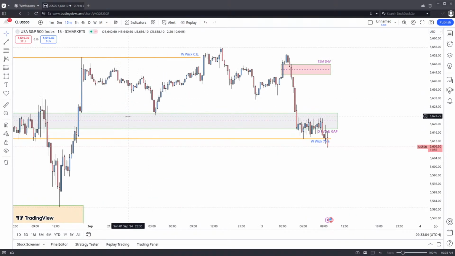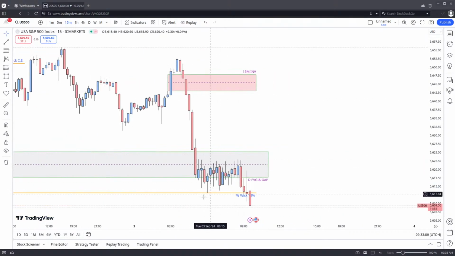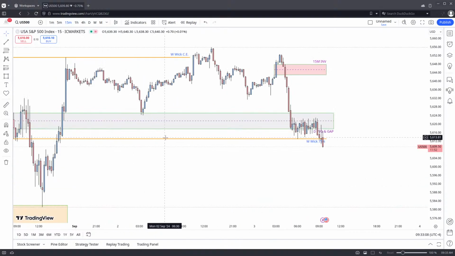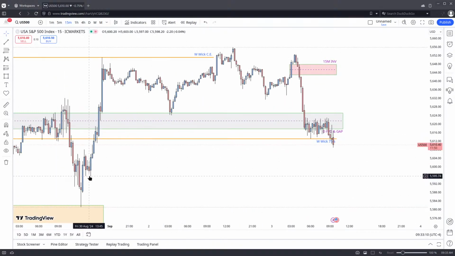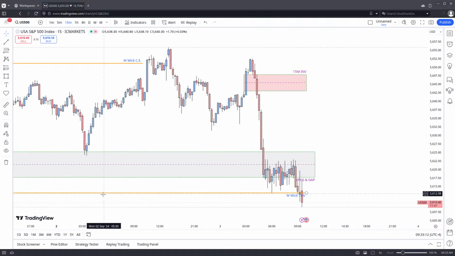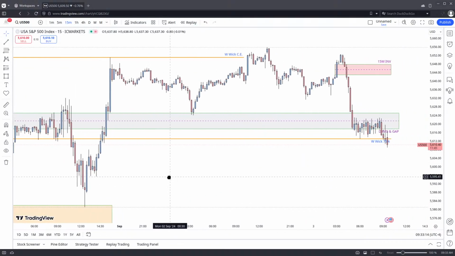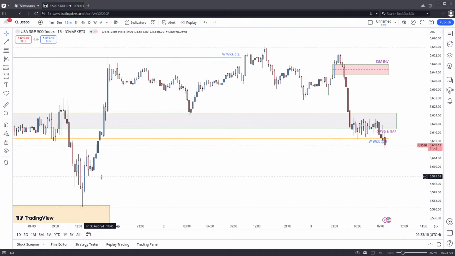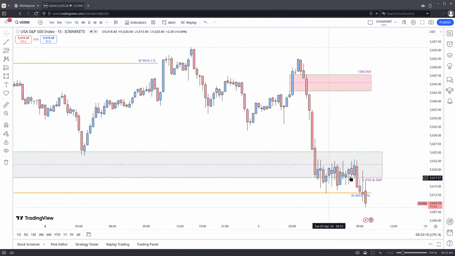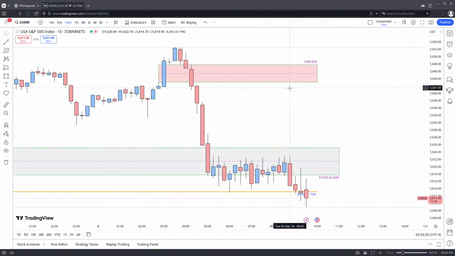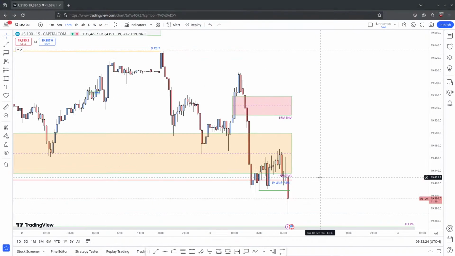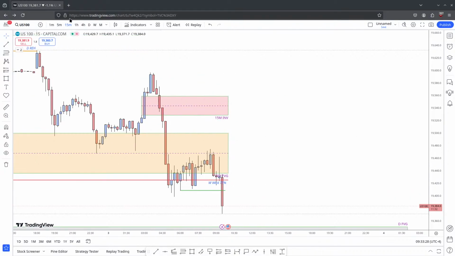US 500. We did have clean lows there, but didn't really want to see it trade lower. We do have some equal lows down here as well. We now have the close of this candle on the 15-minute.